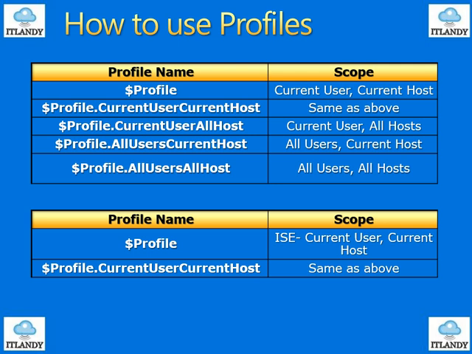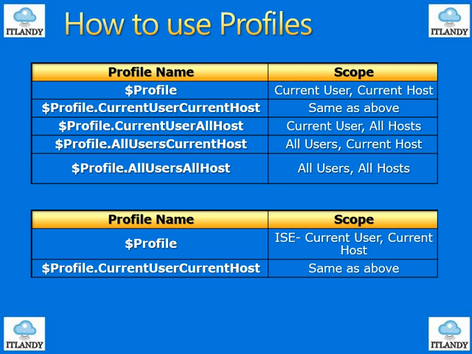Number 3, all users current host. This profile applies to all users and is run every time PowerShell.exe is run. Number 4, all users all hosts. This profile applies to all users on PowerShell instances regardless of the executable host that PowerShell is hosted within.